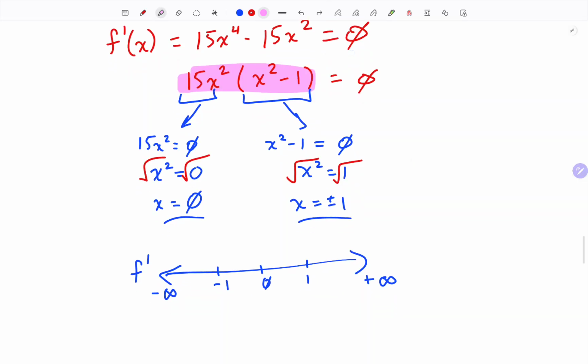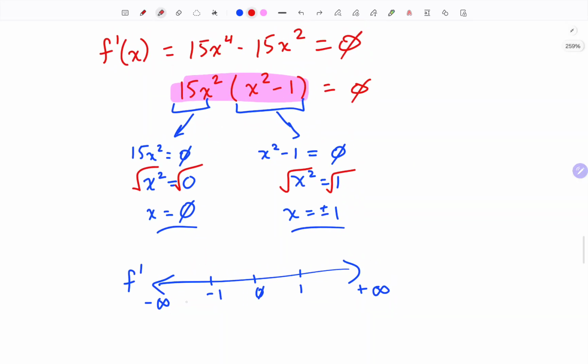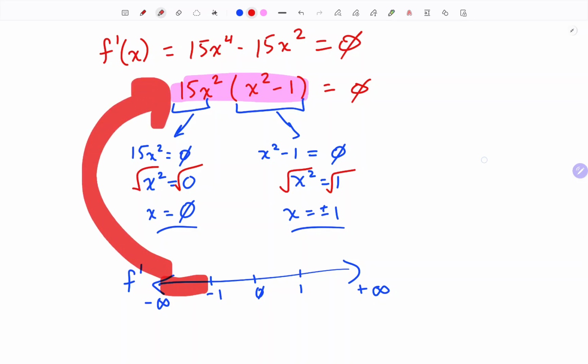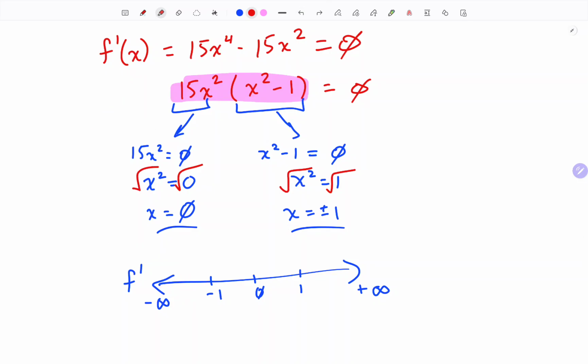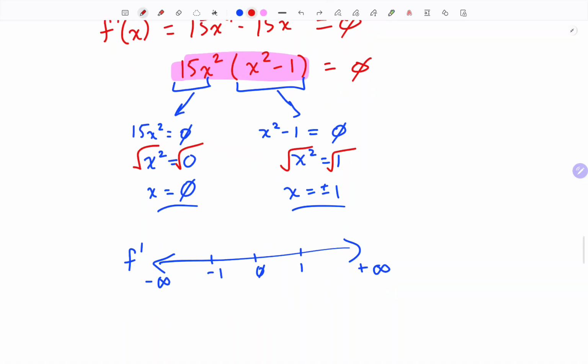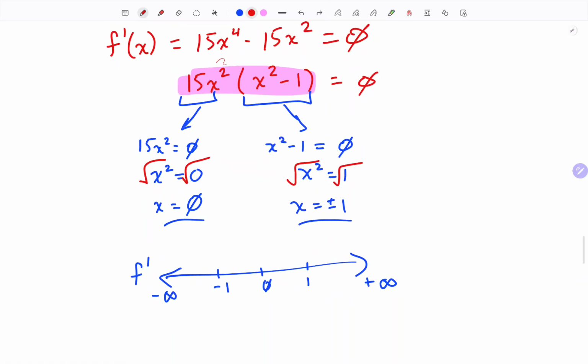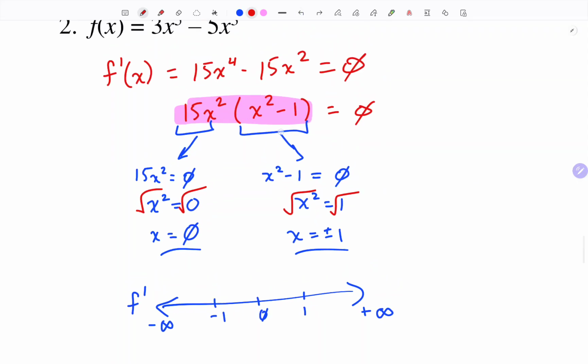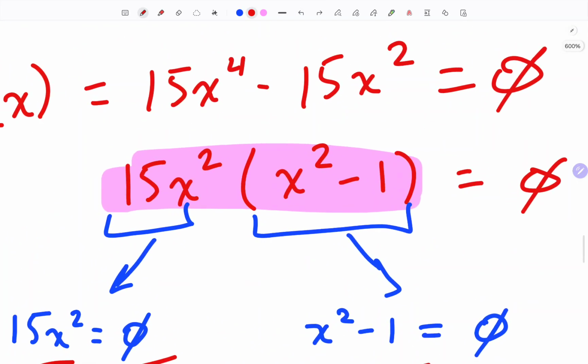So we're going to plug in a number that's in between negative infinity and negative 1. I'm going to plug in, say, negative 5, negative 2, negative 10, anything like that. So I like to just kind of write up above it. And I like to just kind of think, is it positive or negative?